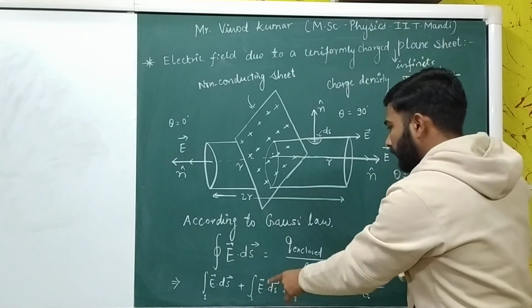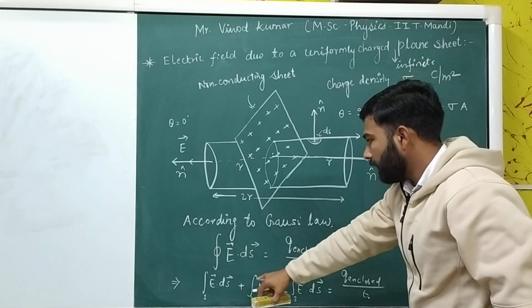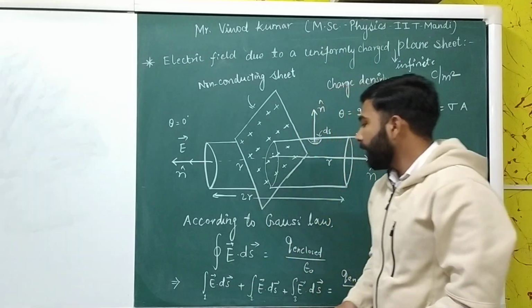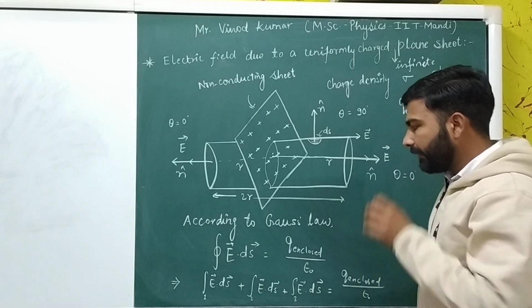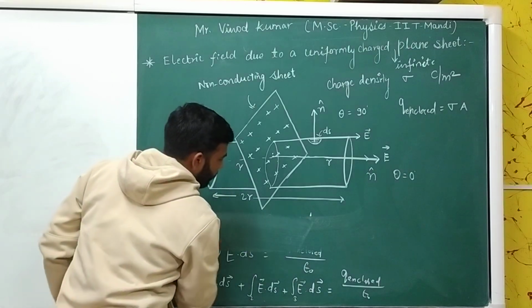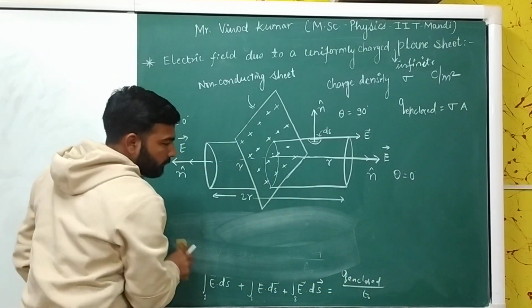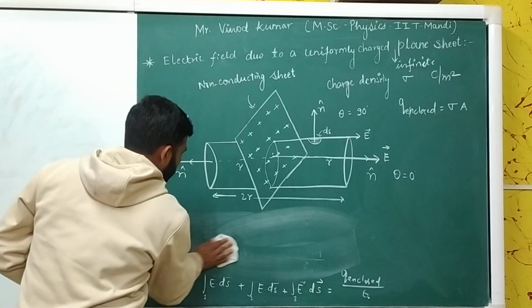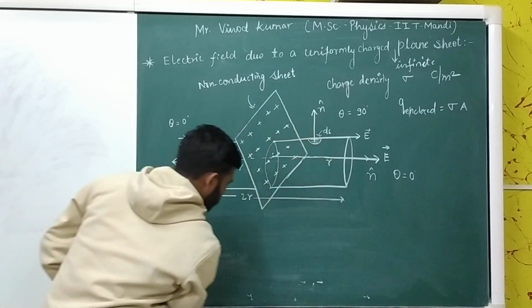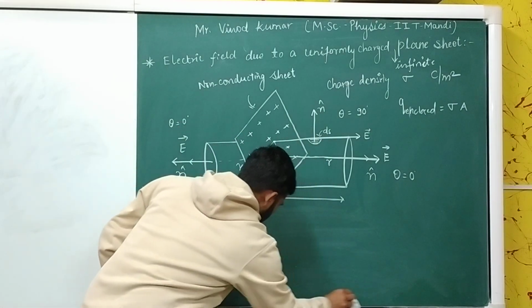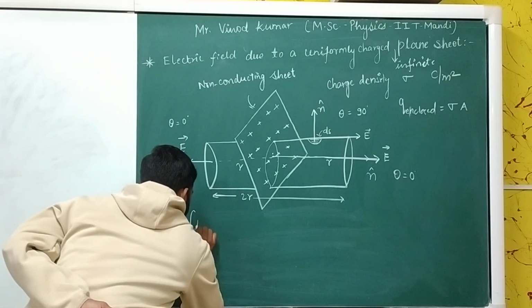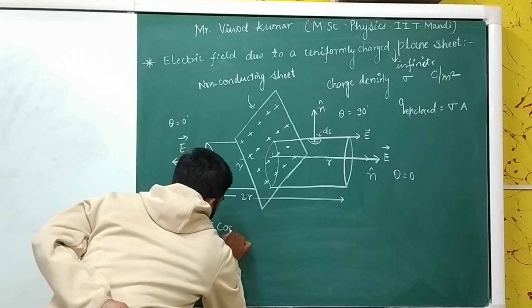Now we are going to write in the vector form. It will be the magnitude of electric field and the magnitude of area vector into cos theta. So let us write that. For the first one it is E ds cos 0 degree.